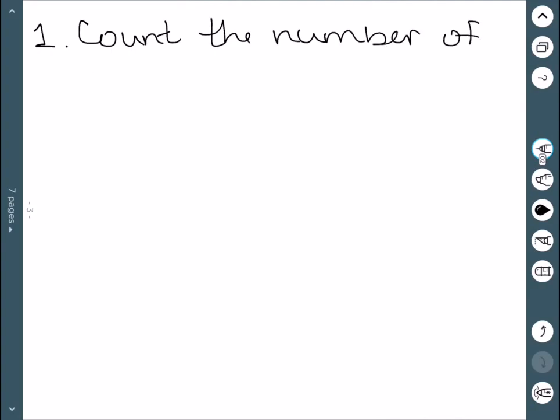So let's look at how to do this. Well, the first step is to count the number of places the decimal point should be moved.